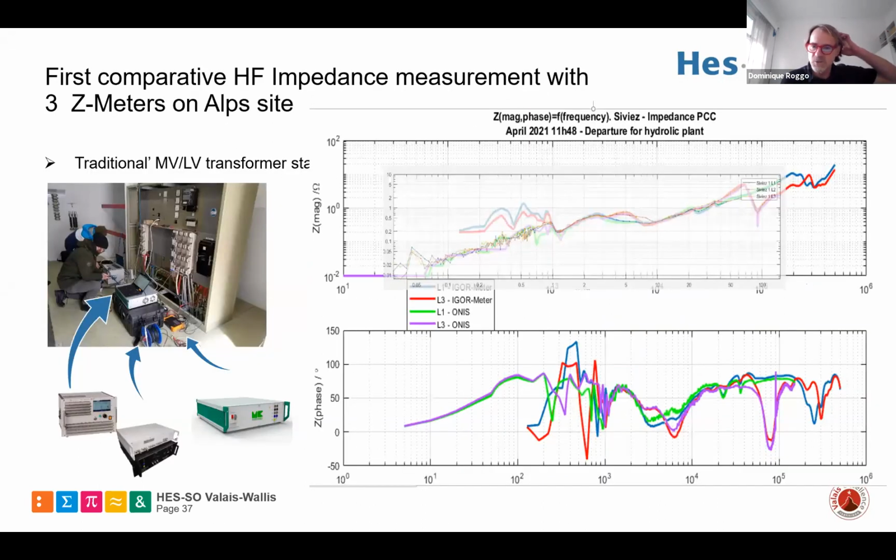As a premiere, I show you the preliminary results, and you can see that they are very positive. It's a network without too many resonances, and it's a bit difficult to decode. There are maybe too many curves, but case by case, it's always matching very well between 1 kilohertz and 150 kilohertz. So it looks pretty good for these 3 devices on field in normal situations at least. And this is a static impedance.